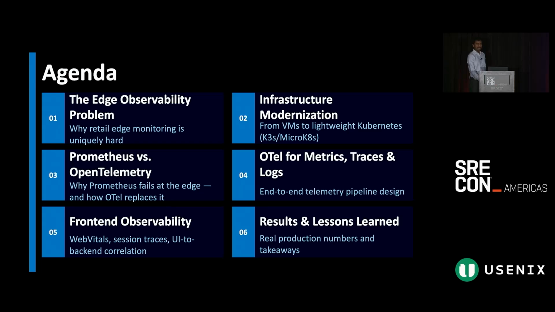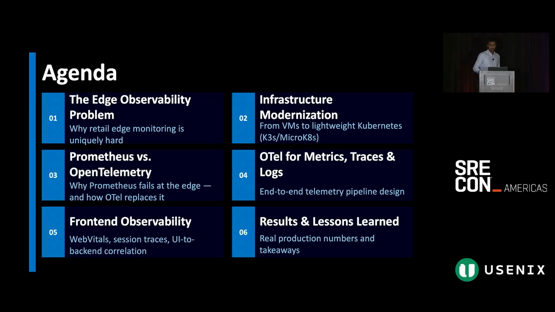When we talk about Kubernetes, Prometheus is the default scraping mechanism for metrics, right? But how did that fail on the edge platform, where resource constraints exist, and how did OpenTelemetry step up and give that end-to-end visibility? We'll talk about that.